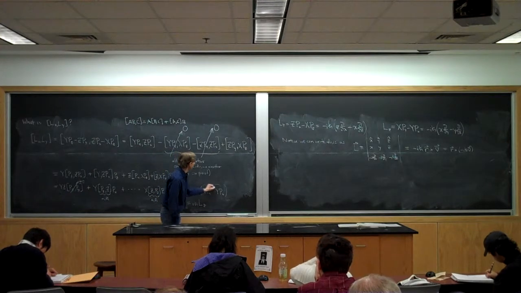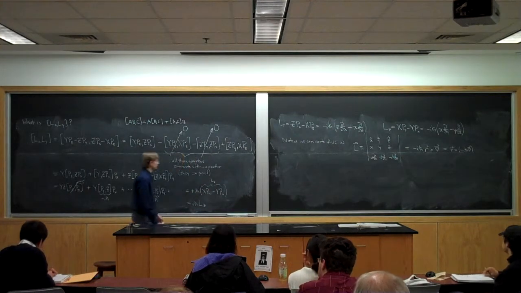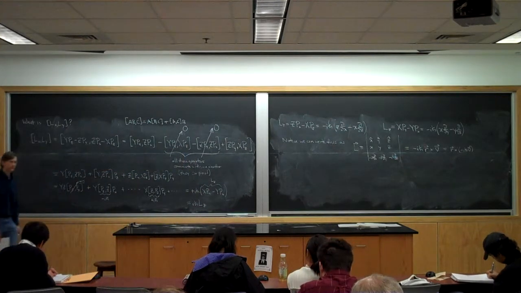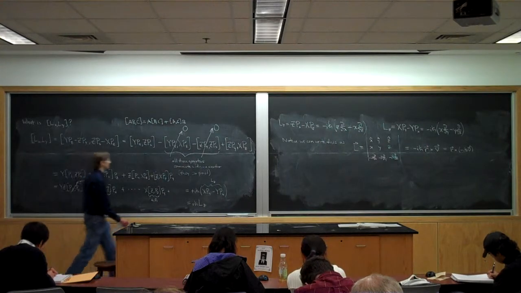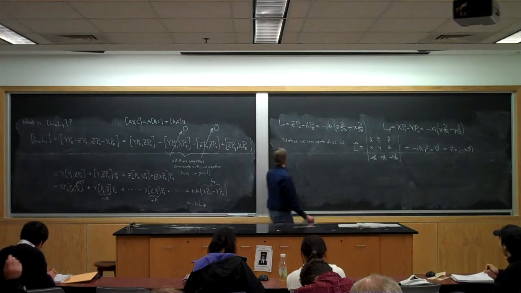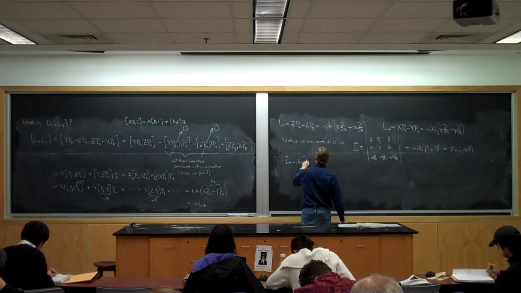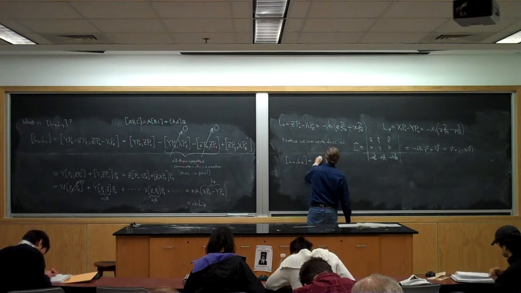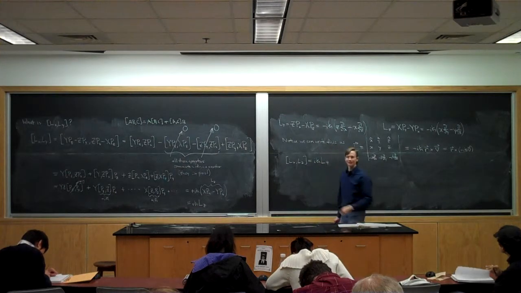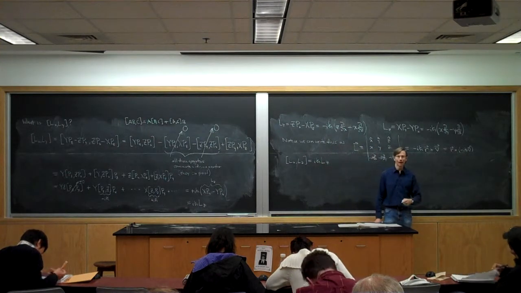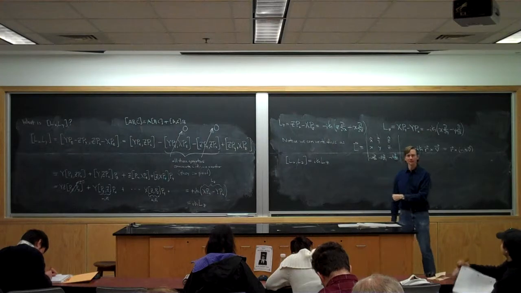This operator is the operator representing Lz. So glory be, Lx and Ly commute to i h bar Lz. Oh, actually, right, that was an accident. Glory be, Lx and Ly commute to i h bar Lz.